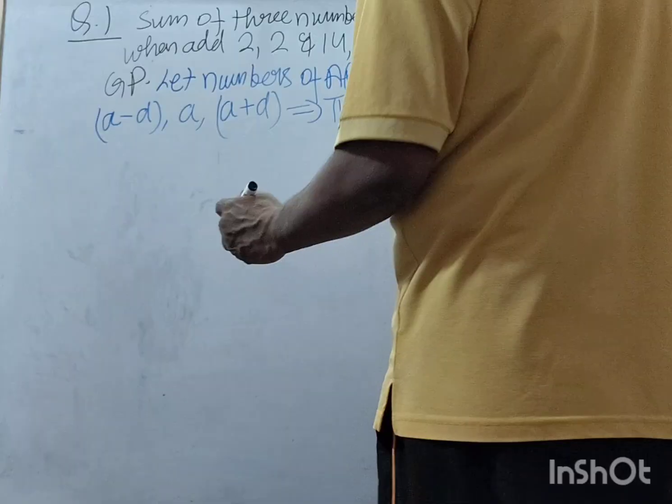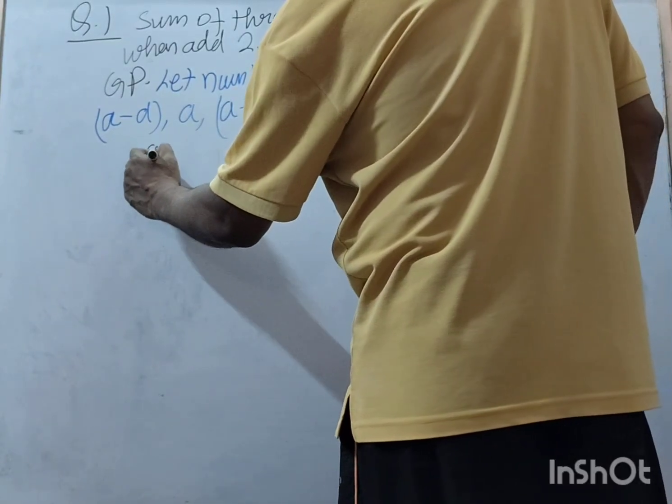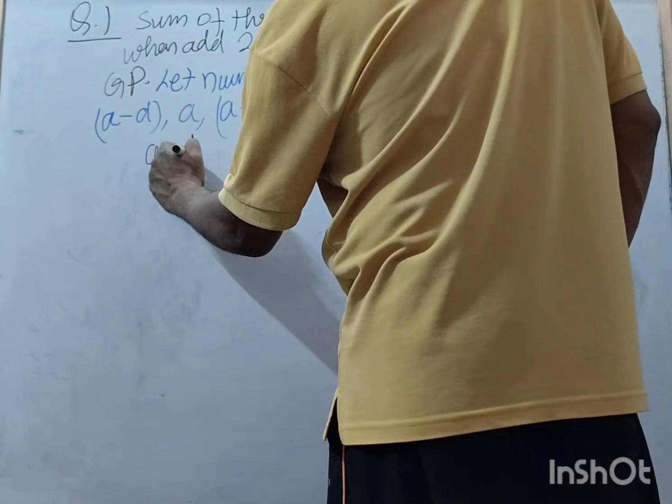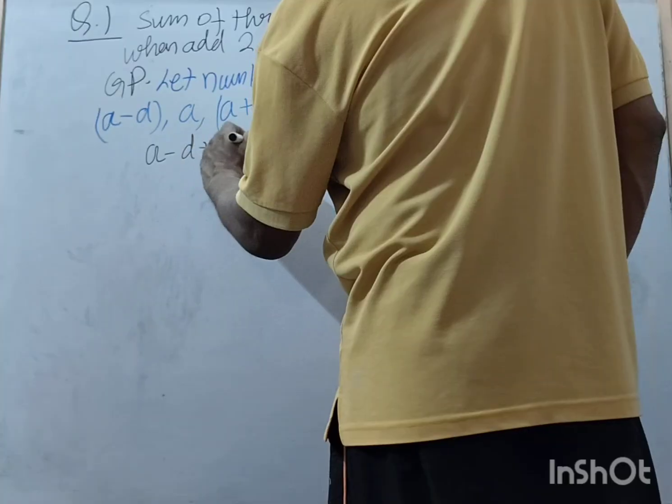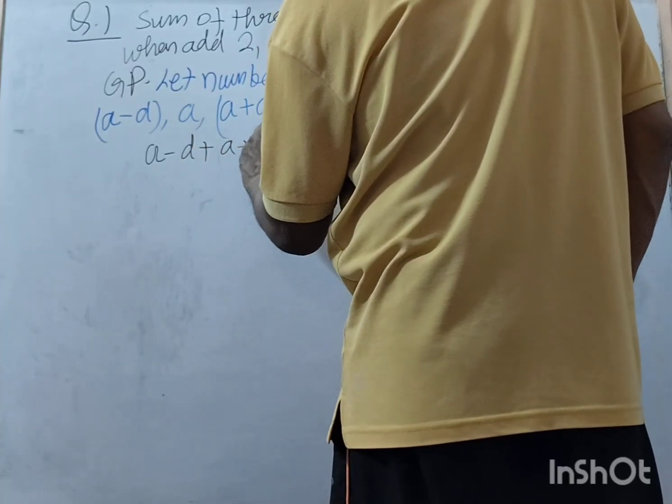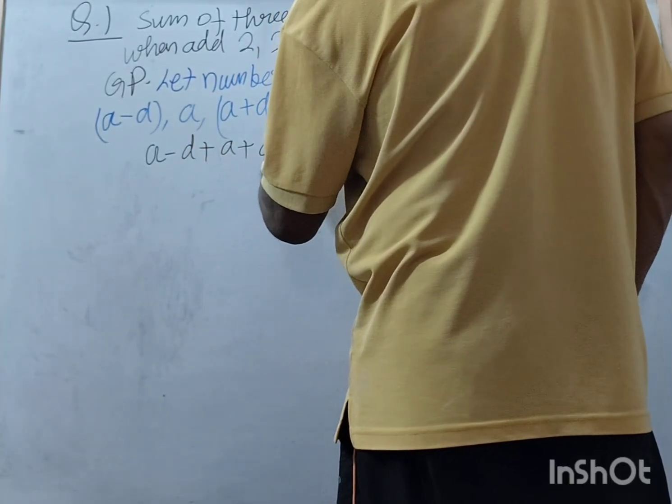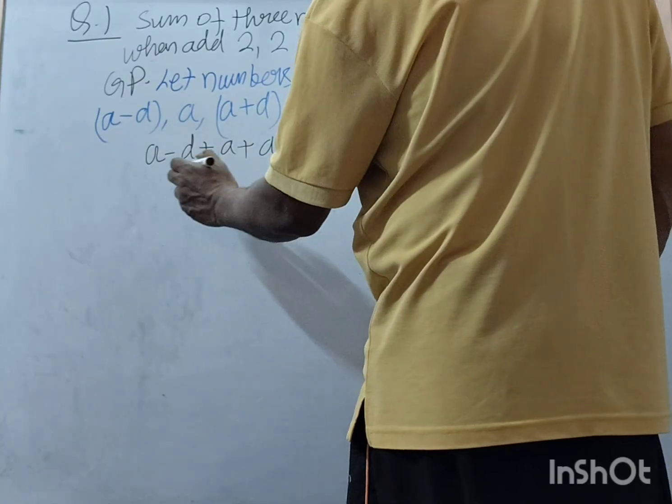So a minus d plus a plus a plus d is equal to 21.